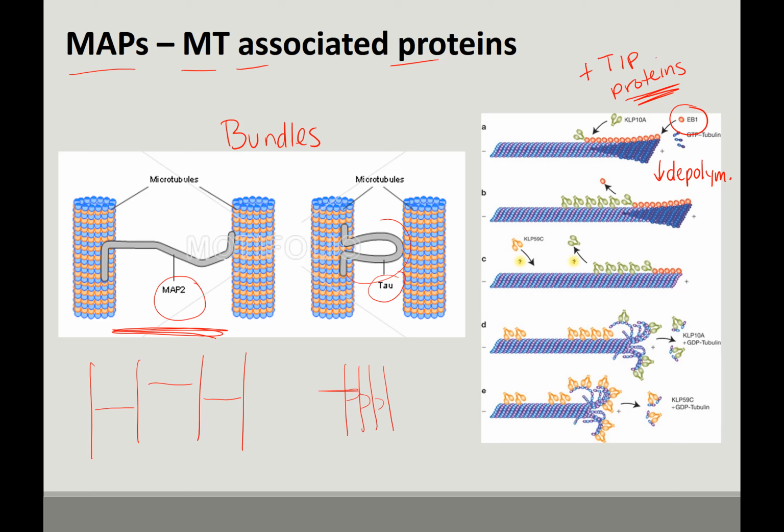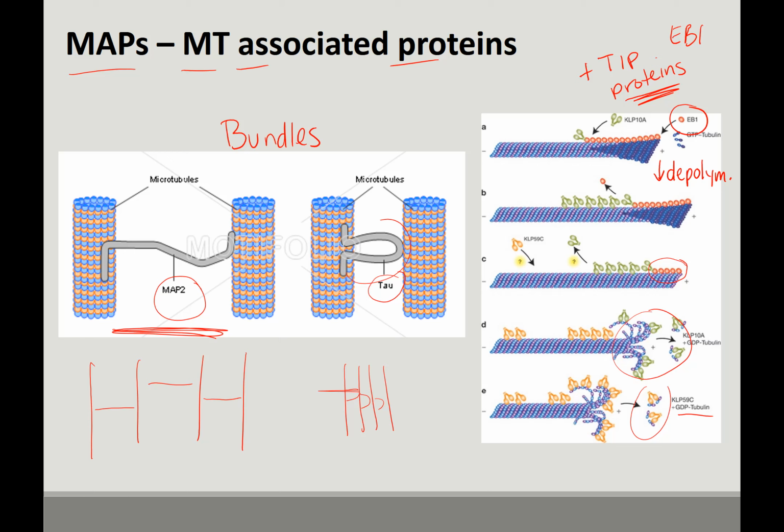And this has a little bit more information than you need, but what I want you to see is that as you lose the EB1 tip protein, now the cap becomes unstable, and this is showing, I think they're little kinesin molecules, pulling off the heterodimers of GDP tubulin, right?